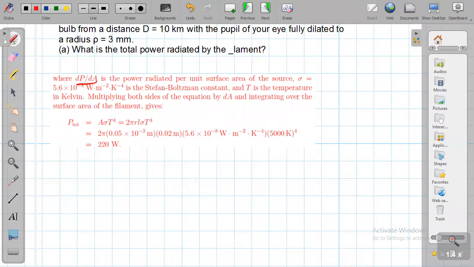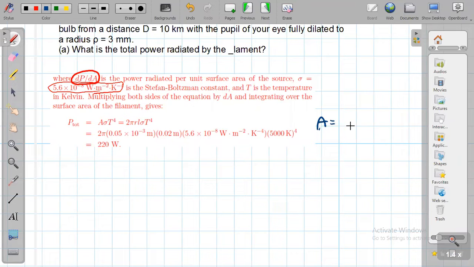It says here that dP over dA is the power radiated per unit area of the surface. Sigma is the Boltzmann constant, 5.6 into 10 to the power minus 8 W m minus 2 K minus 4. What you have to do is only one really simple thing. That is, the area.